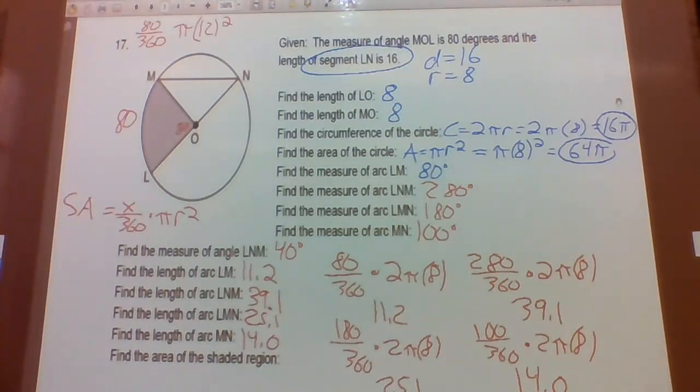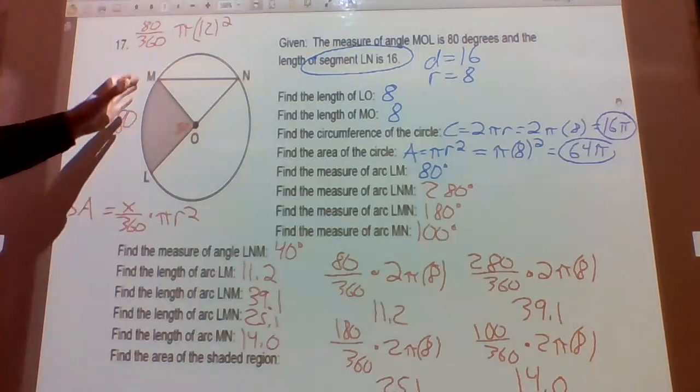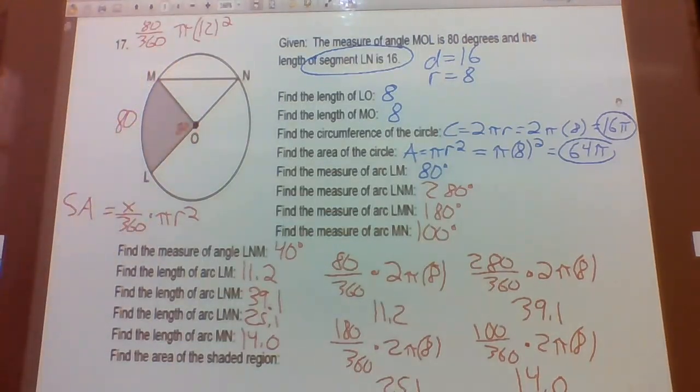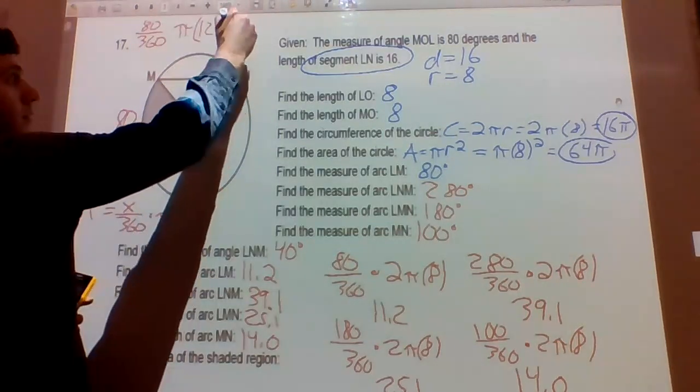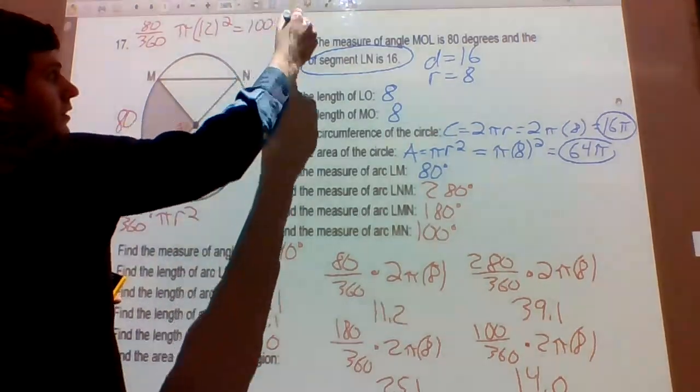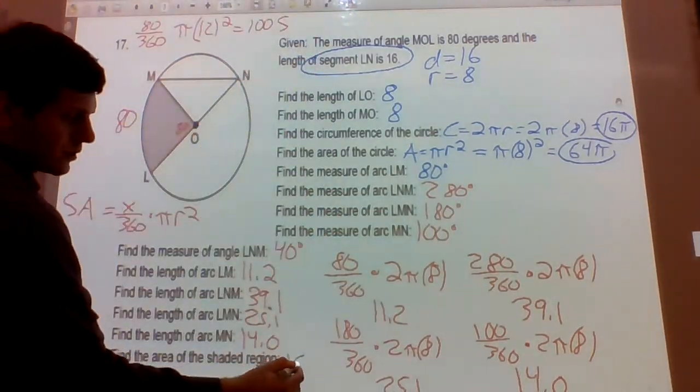Okay. It's not the whole thing, it's only 80 degrees out of the 360 degrees. So 12 squared is 144. So we have 144 pi times 80, and then divide by 360, and the area is going to be 100.5 units squared.